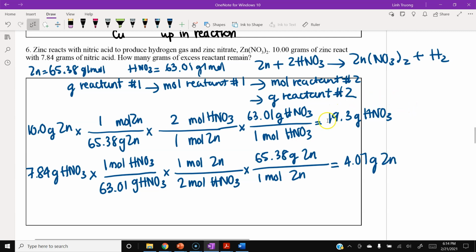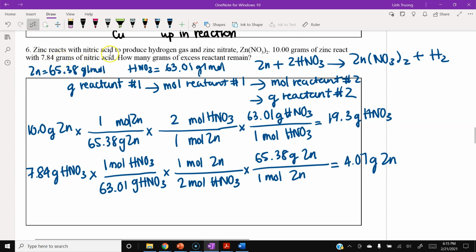I want to look at these two numbers I just found and determine which one I have more than what I need. So I need 19.3 gram of nitric acid, but I only have 7.84 gram of nitric acid. This tells me that nitric acid is our limiting reactant, because in order to react with the entire 10 gram of zinc, I need almost 20 gram, but I only have 7.84 gram.